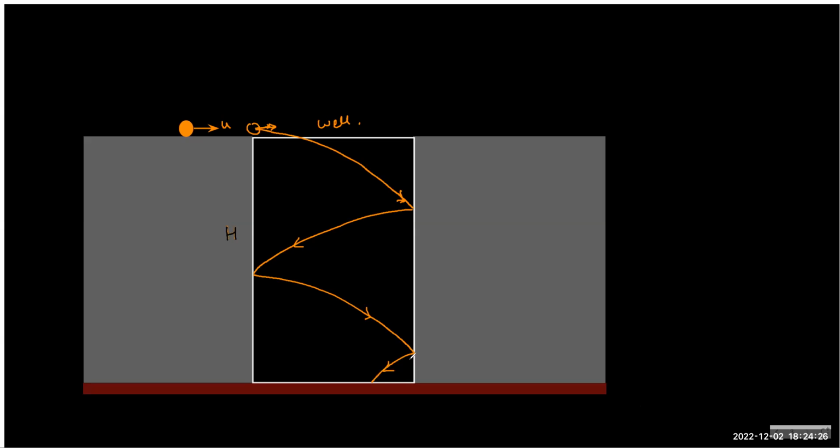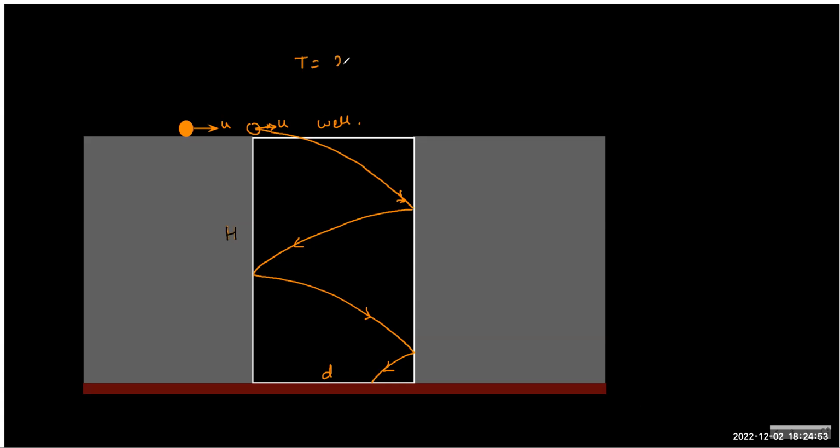So what do you think? Will these many reflections change the time of flight, or does the time of flight remain the same? It will remain the same. And how much will be the time of flight by the way? Under root 2h by g. Very good. So the total time taken by the ball to reach the bottom is unchanged because only a reflection is happening. Your journey is still continuing in the same fashion.